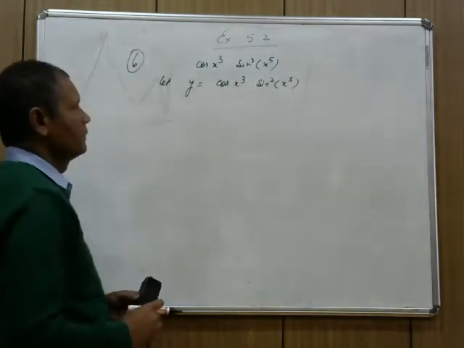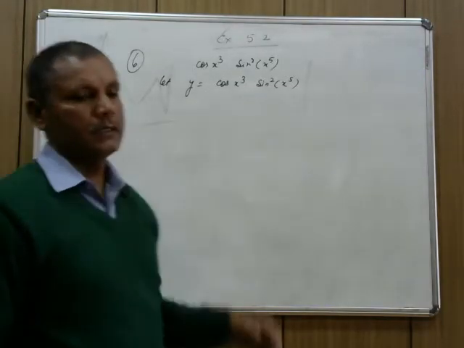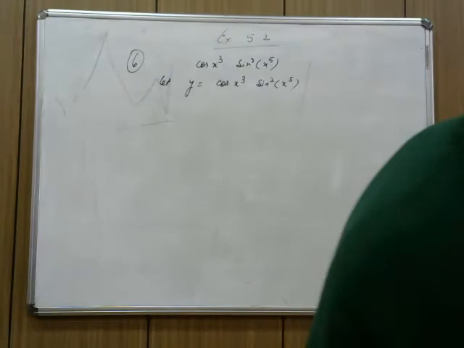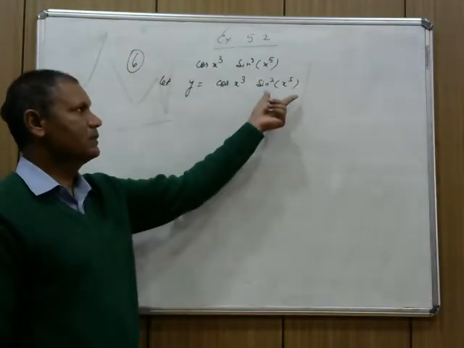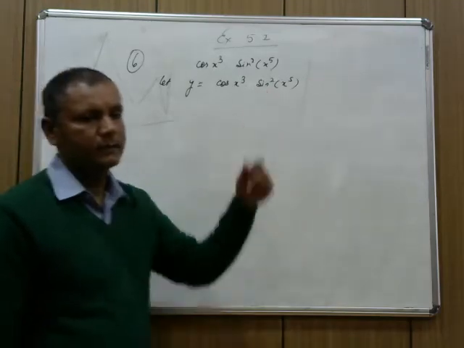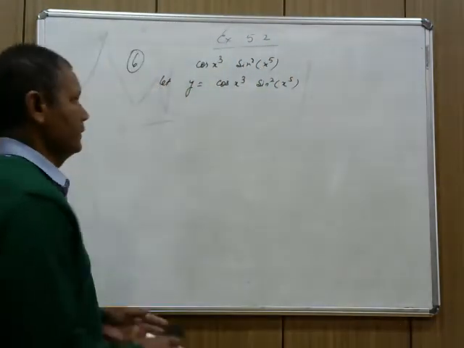If you remember, f into s, first term and the second term, right? First term is cos x cube, second term is sin square x to the power 5.